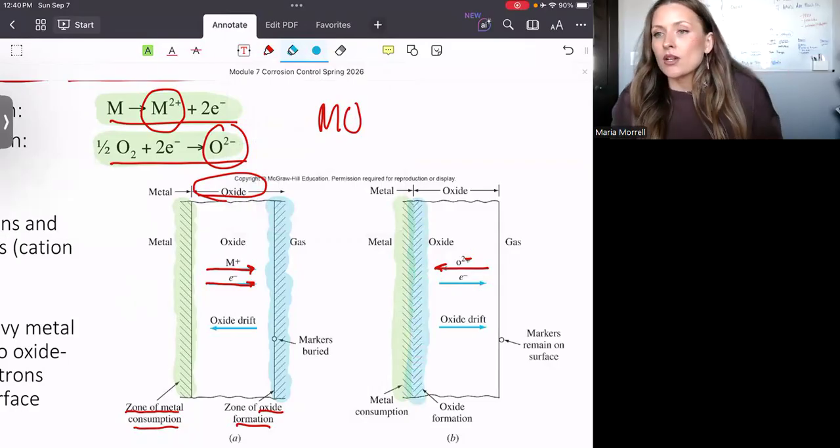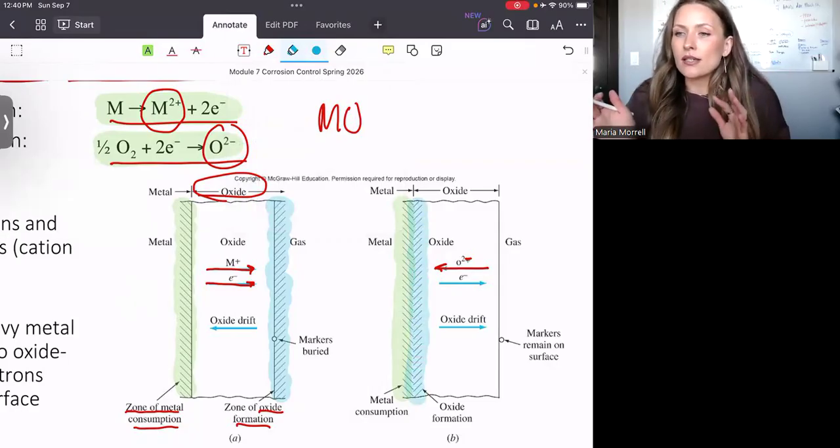Okay, so in a sense, the only difference here is the nature of the ions that are drifting and which way they are drifting, right?